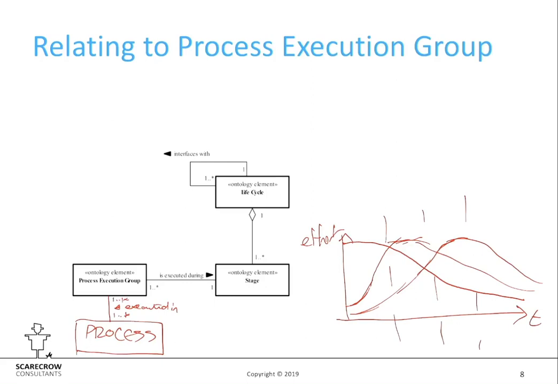So that's what those process execution groups are. They are typical sets of processes that you would expect to be carried out in each stage. That's how life cycle modeling starts to link into the process modeling.